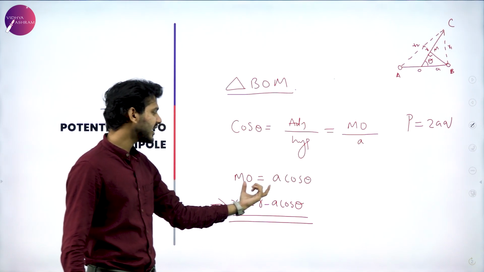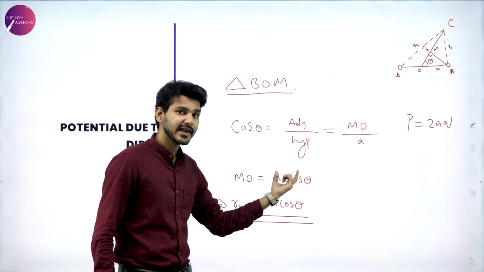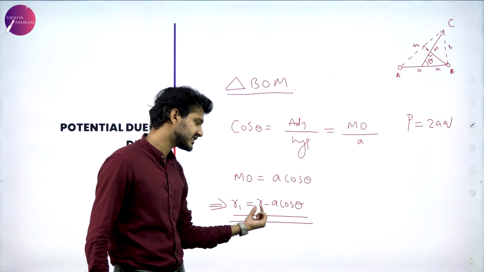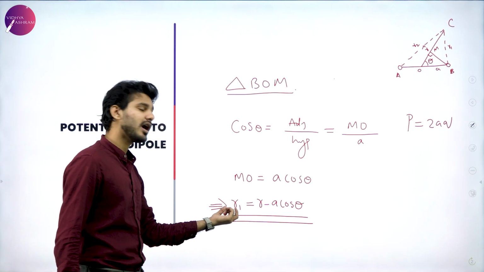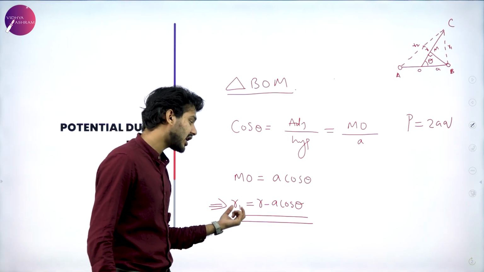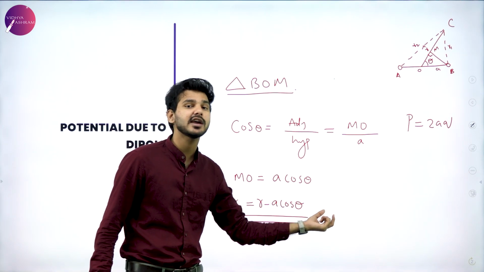If we subtract that from the original distance R, we get R1. So that is how we got R1 is equal to R minus A cos theta.